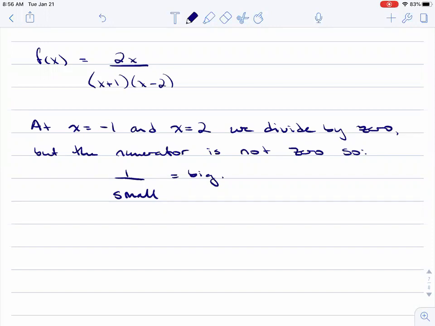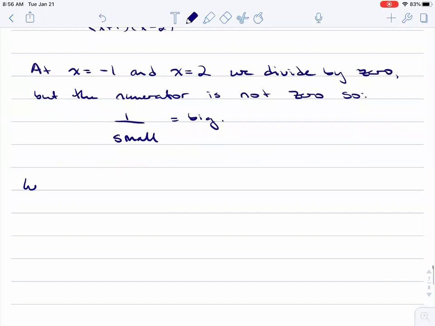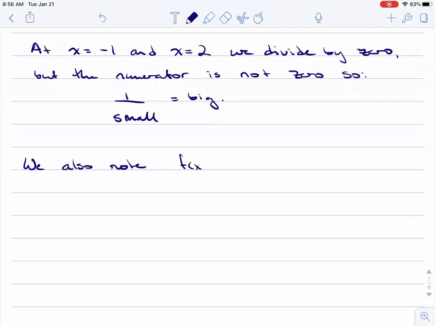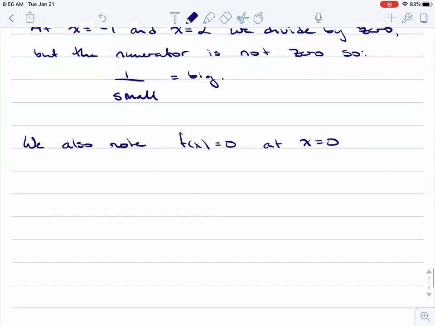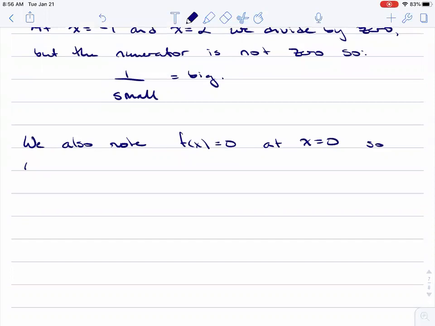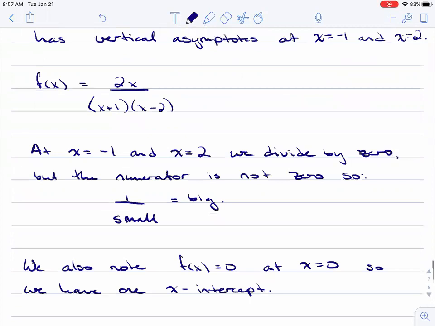And so we also note, even though it might slip off your radar, that f of x equals 0 at x equals 0. So we have one x-intercept. There are no other x-intercepts, because there's nothing that I can do to the denominator to yield a 0 value, and so the only x-intercept where it crosses the x-axis is at x equals 0.